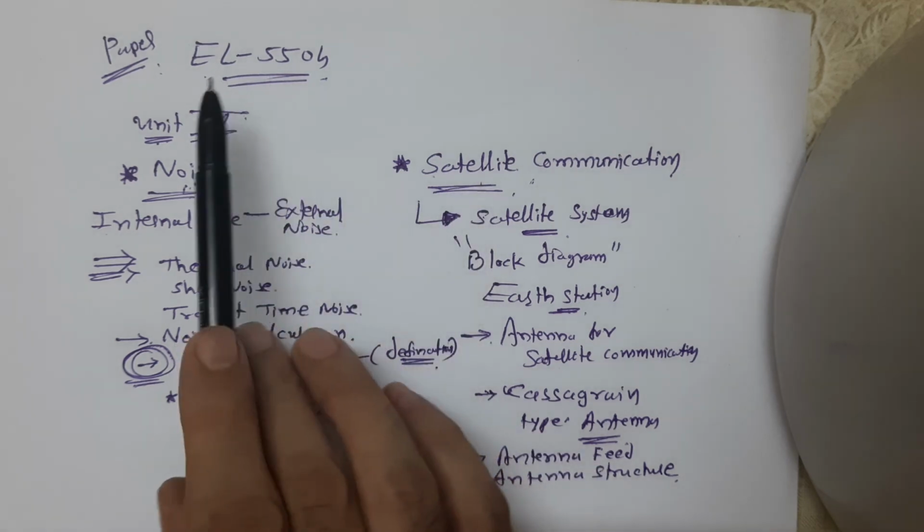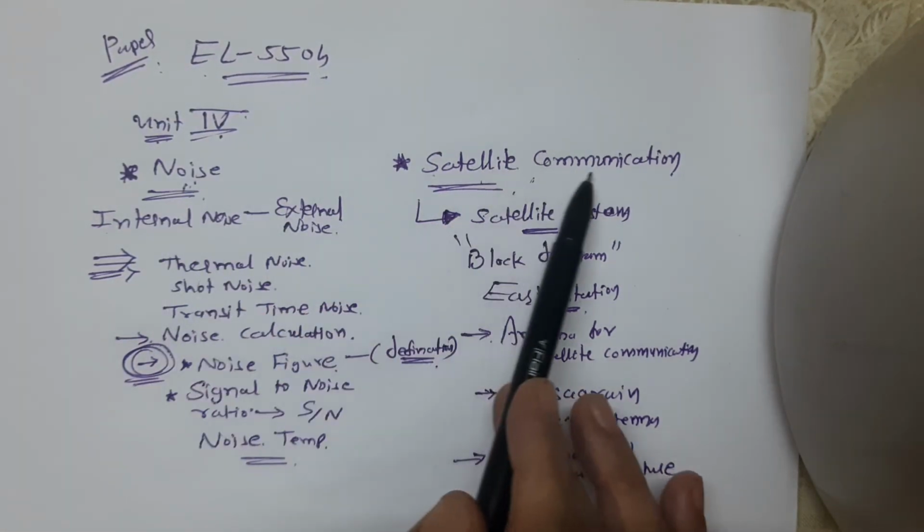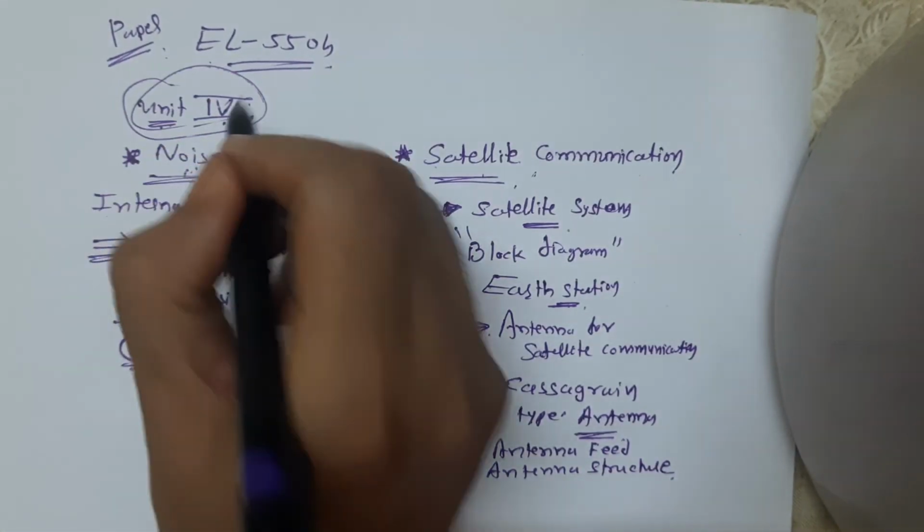The second topic of paper number EL5504, Unit 4, is Satellite Communication. Again, 1 unit means 1 lecture.